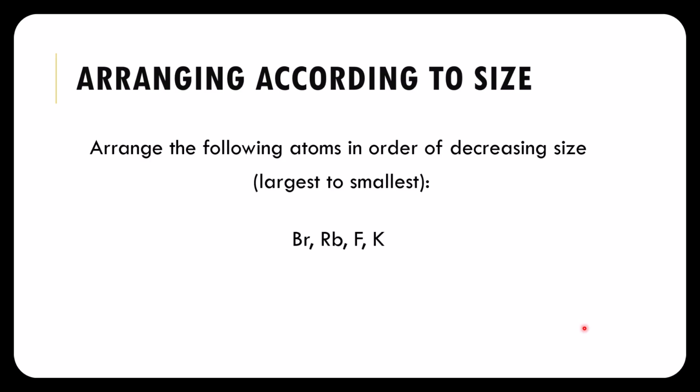All right, so to solve this problem, what I like to do is kind of draw a mock periodic table with the trends. So here's my periodic table. Let me make that a little bit neater. Here's my periodic table. There we go. And then as we go from the top to the bottom, I know the size is going to increase.